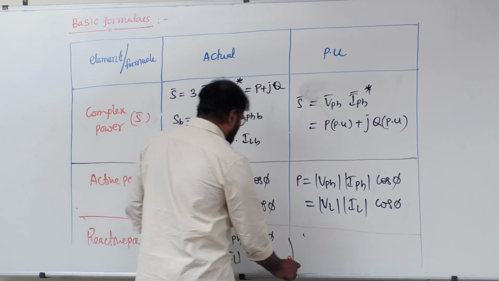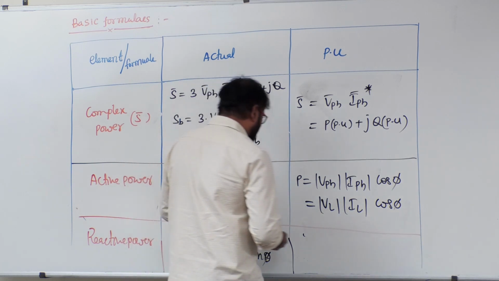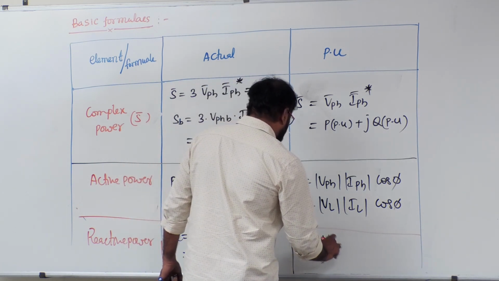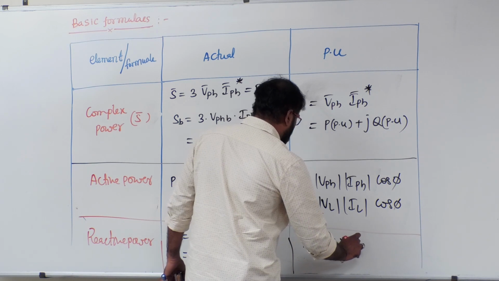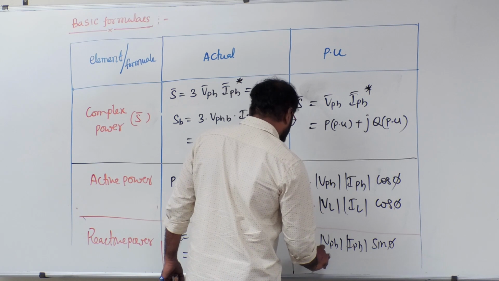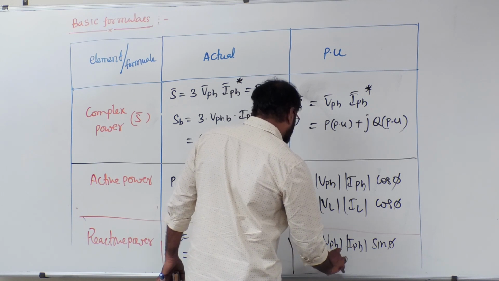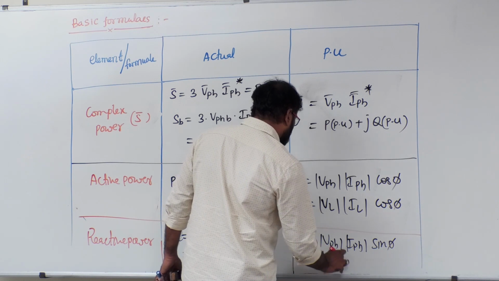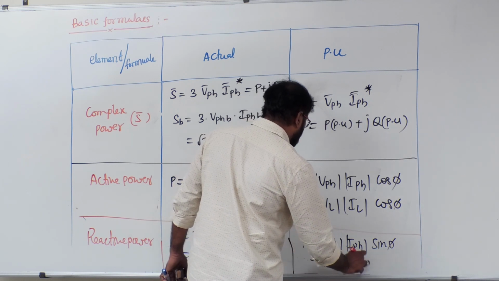Now we are just dividing by the base values. So that's why what I get here is Q equal to simply V phase I phase sin phi, or otherwise V line I line sin phi.